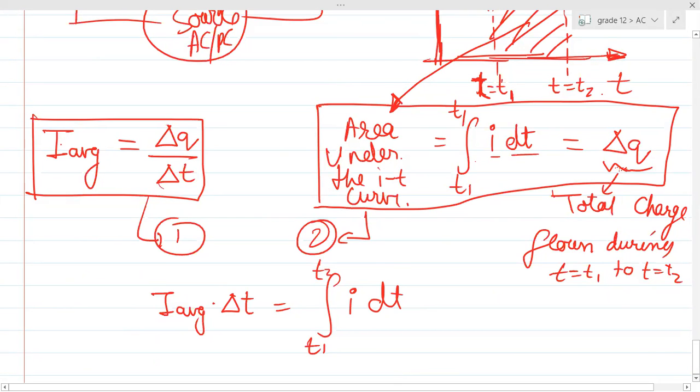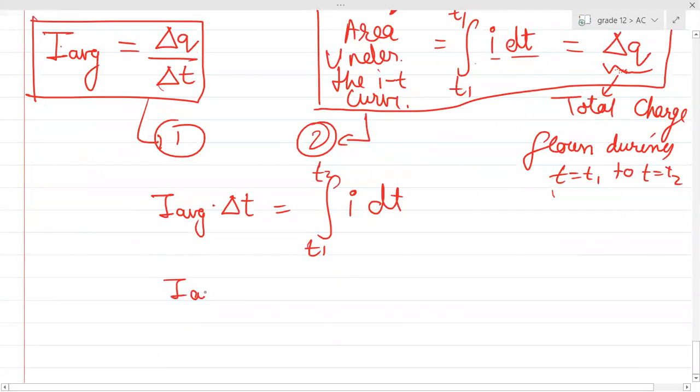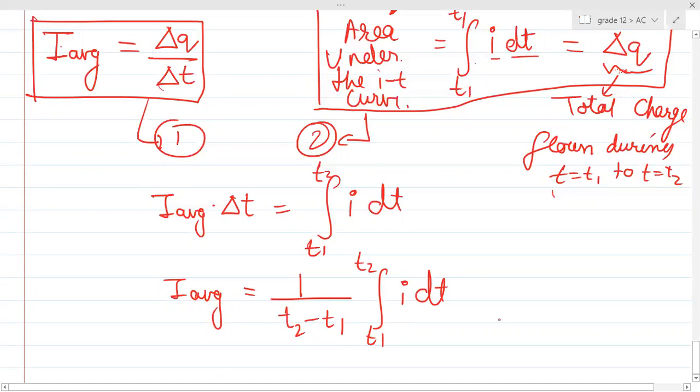If I can say this, then from here I average is equal to 1 upon delta T, and delta T is nothing but T2 minus T1, times the integration from T1 to T2 of I dt. Is this thing clear which I have drawn over here?